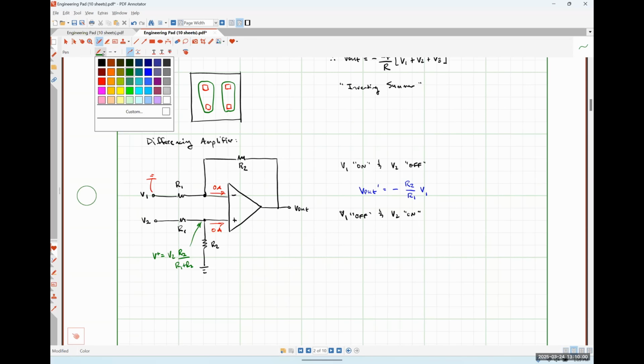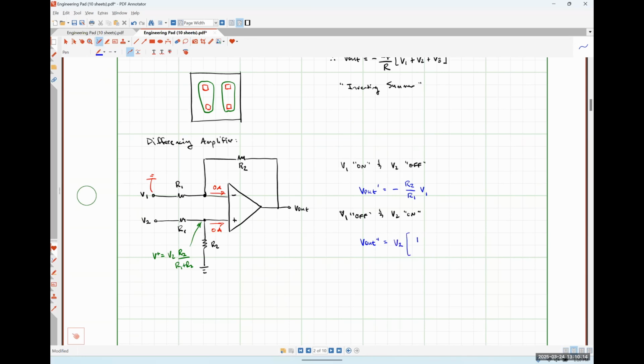So I would see that V out double prime would be positive V2 times R2 over R1 plus R2, so that's my input signal, times 1 plus R2 over R1.